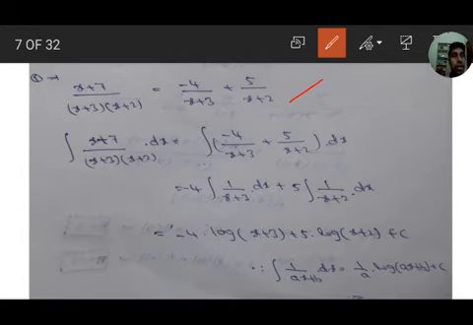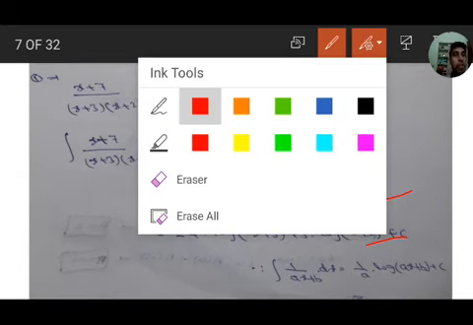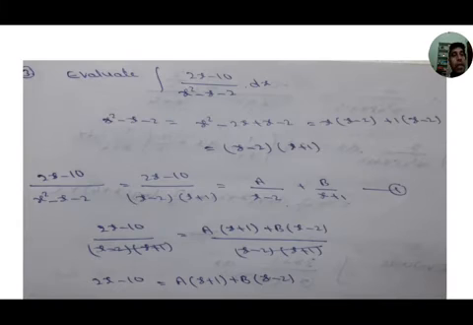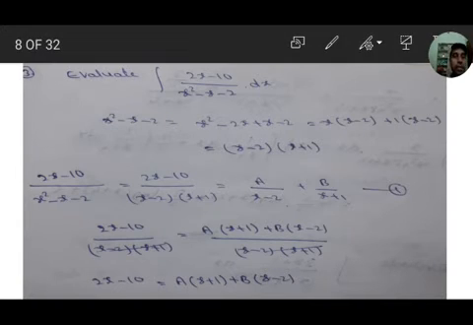Then integrate using coefficient outside and formulas, we get the integration value. Next, third problem. Evaluate integration 2x minus 10 by x square minus x minus 2 dx.